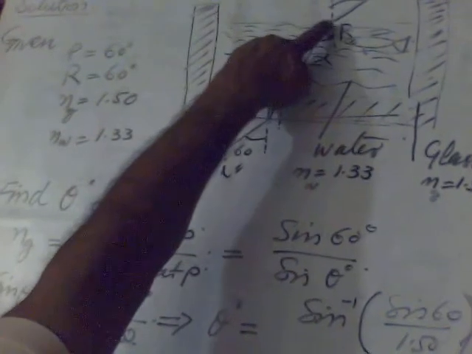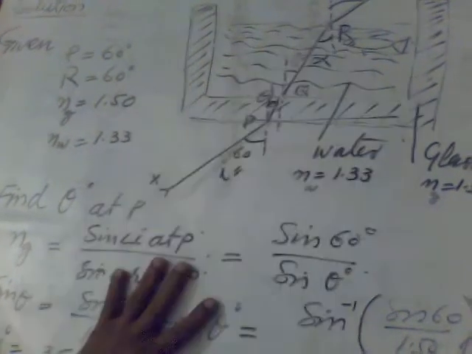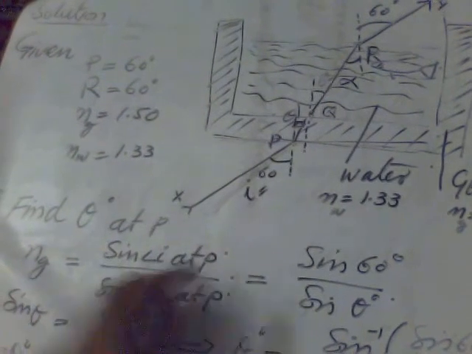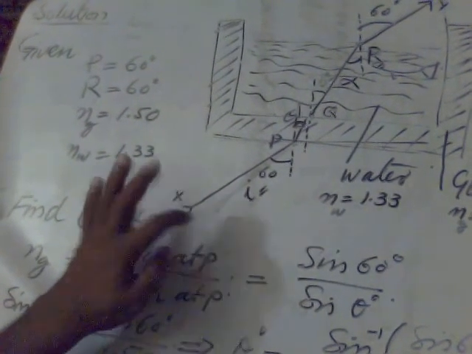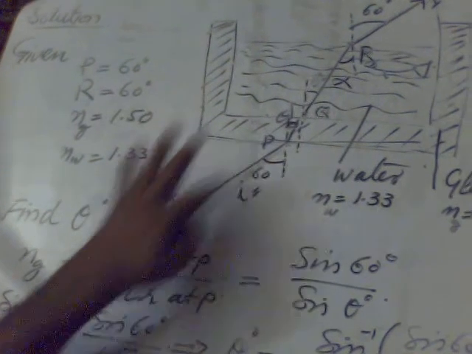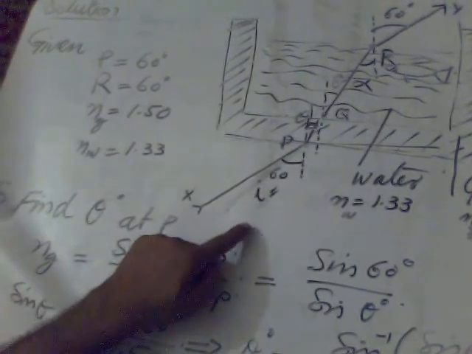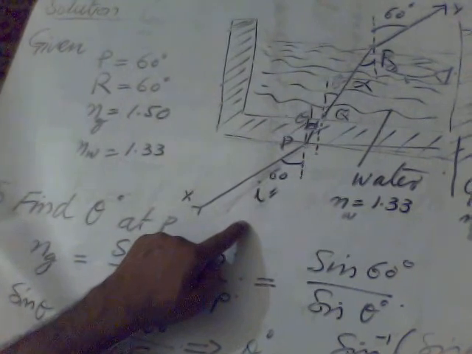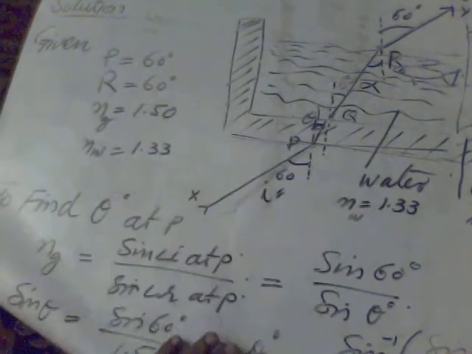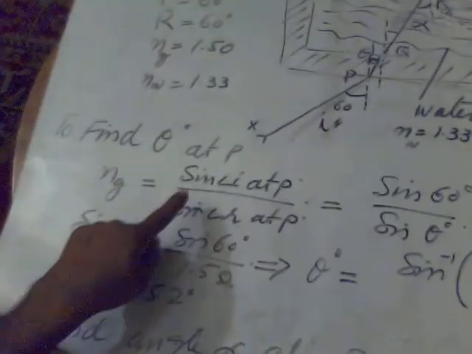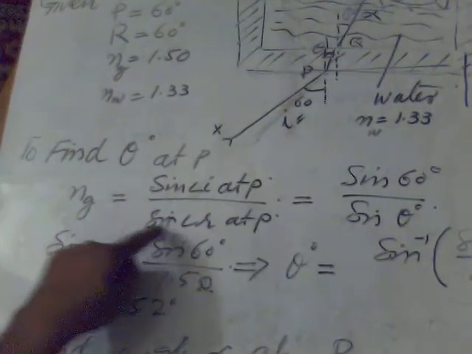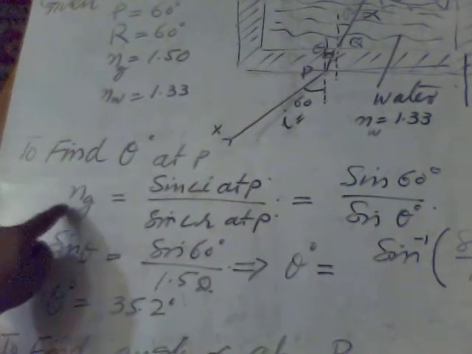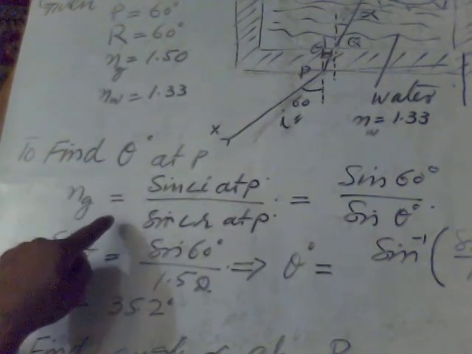This is the point R. We studied that when the light ray enters from the rarer medium to the denser medium, air is the rarer medium while glass is the denser medium, and the formula was sine angle I over sine angle R, the refractive index, which is Snell's law.